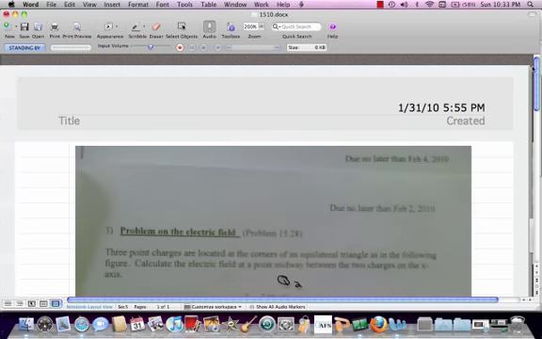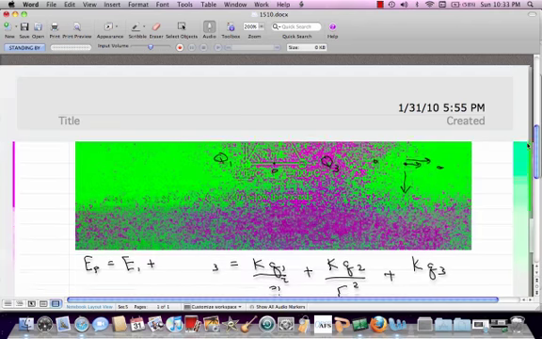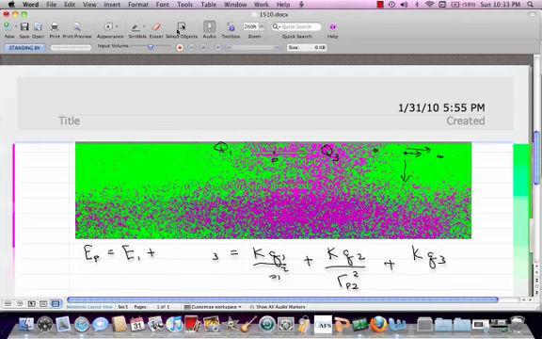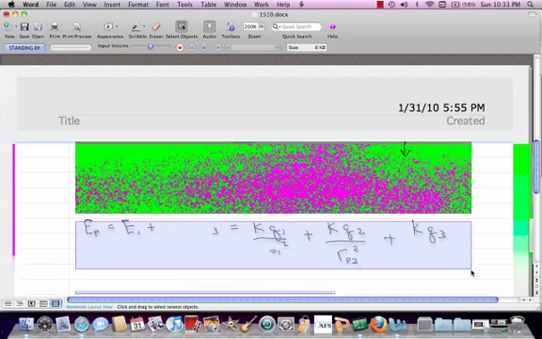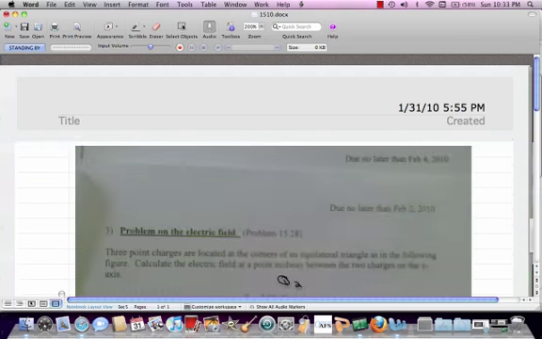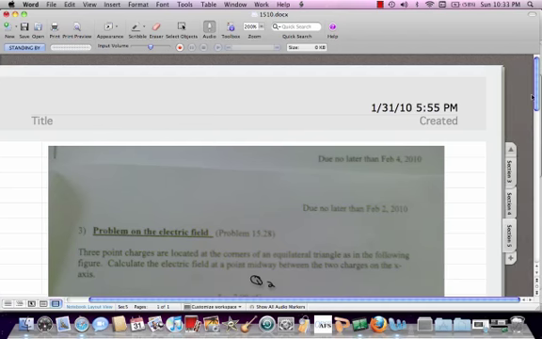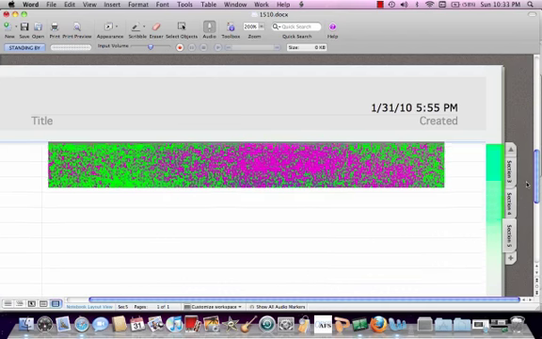Maybe I can select objects and erase it a little bit easier. Okay, so I still have my drawing here.